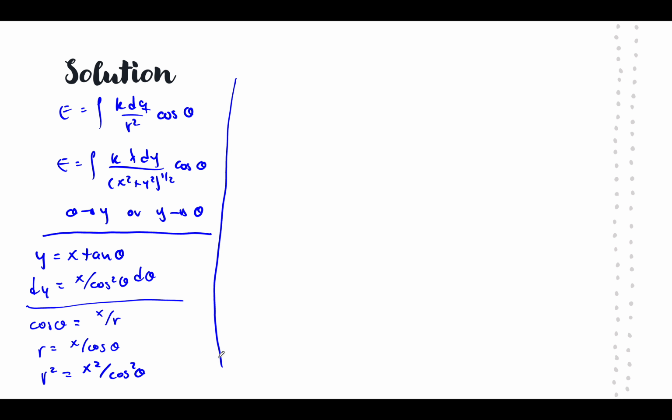Which means that I can now change our variables. So that means that my electric field is going to be equal to the integral of k lambda dy, which is now x over cosine squared theta d theta, right?